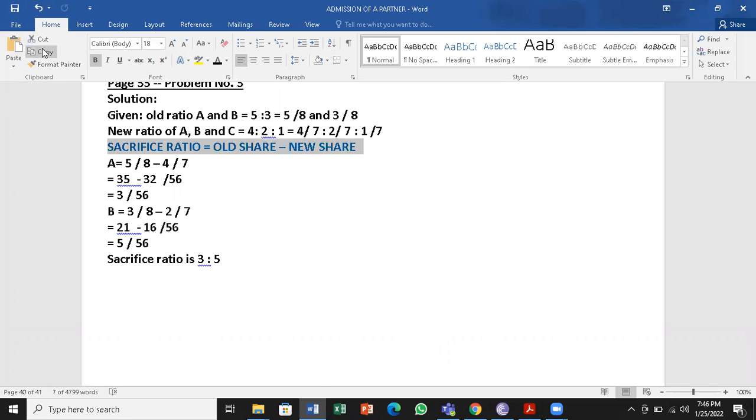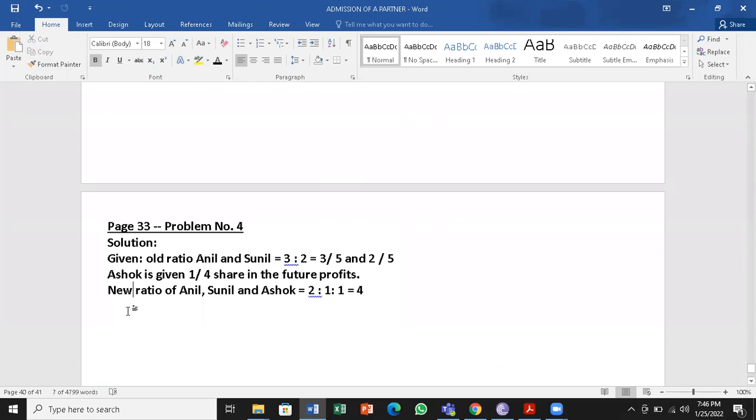So sacrifice ratio, as usual, same formula. First for Anil, we'll calculate old share of Anil, 3/5 minus new one, 2/4.